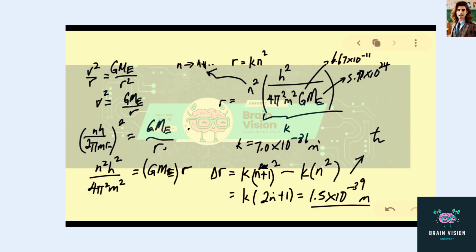Even the size of an atom is about 10 to the power minus 10 meters, and the nucleus is about 10 to the power minus 15. It is way smaller than the size of a nucleus. Therefore, this is really not observable if the satellite were to jump between different orbits.